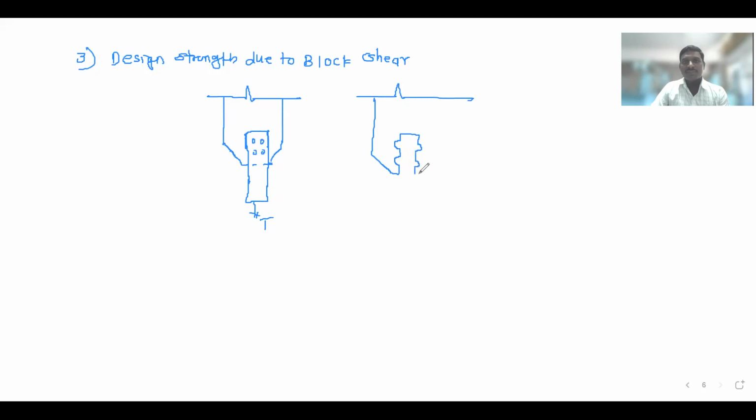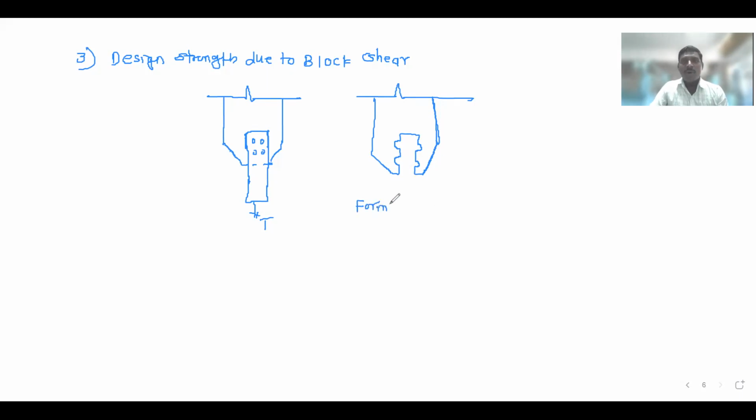Block shear means this middle side part, a block of angle, is totally removed from this particular section.